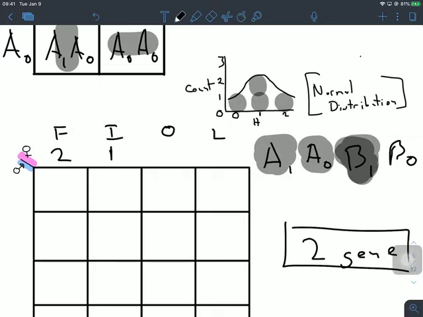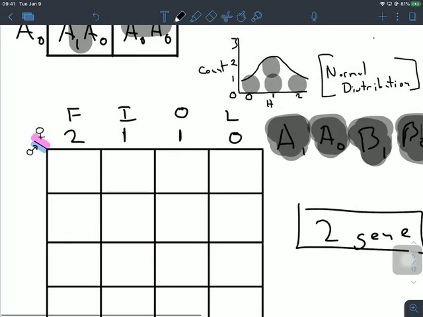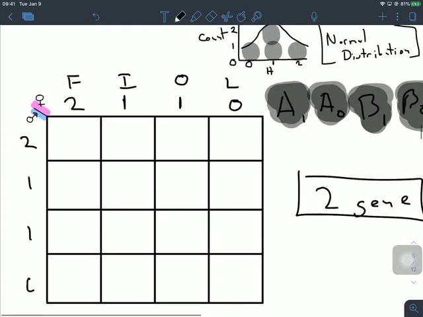If I pair my outers, that gives me a height of A1 and B0, height of 1. And if I pair my lasts, A0 with B0, gives you a height of 0. You can replicate this on the other side, a height of 2, a height of 1, a height of 1, and a height of 0.